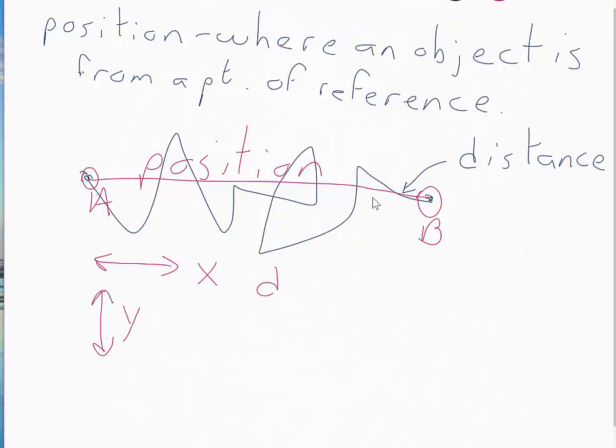So displacement is a very specific word in physics, and it means a change in position. Doesn't matter how you did that change in position. It doesn't matter how crazy the path was. It just means that it is a change in position.